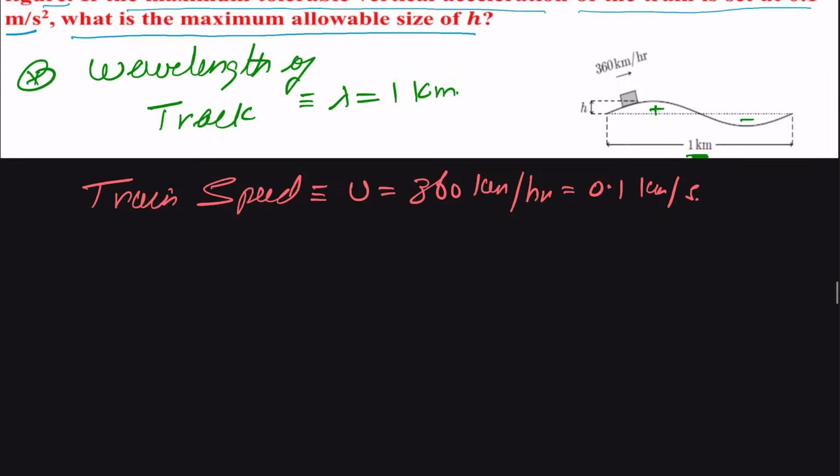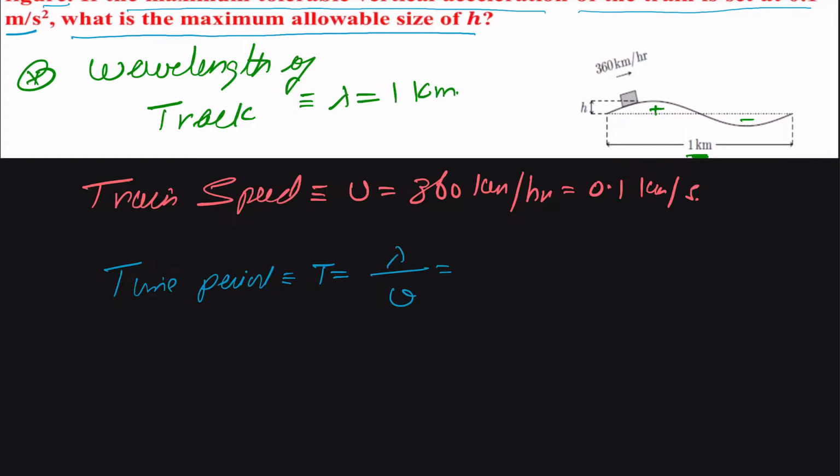It means the time period to travel one wavelength, that is our capital T, is equal to lambda upon v.